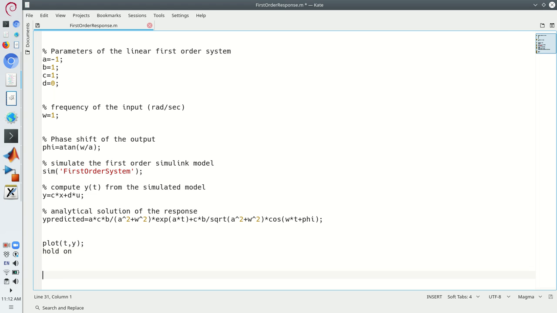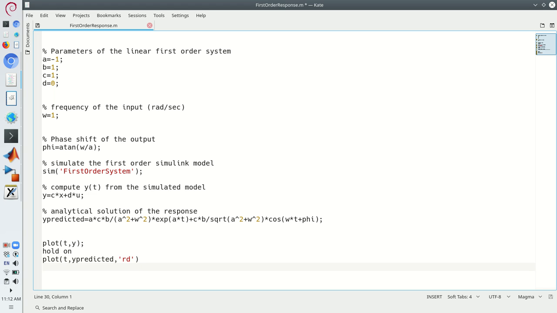Remember, hold on keeps the previous plot in the figure, and then we'll plot t versus the predicted y.